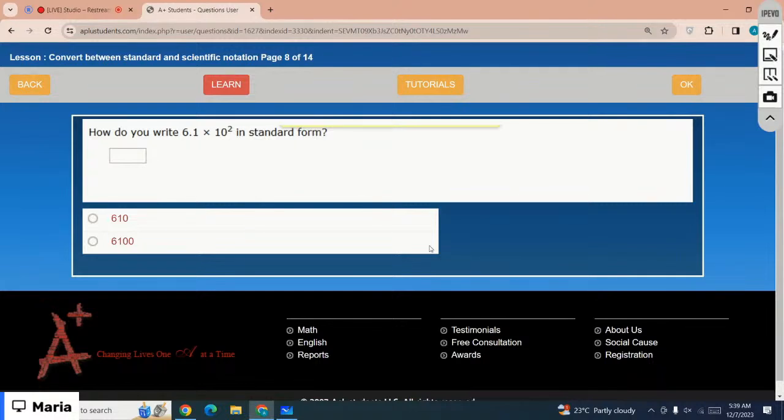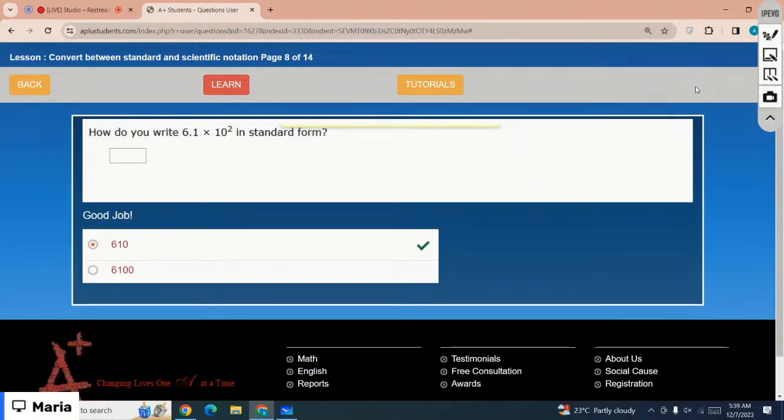It is not 6100, right? You need to move the decimal point 2 places, so that is just 610. Option number 1 is the correct option.